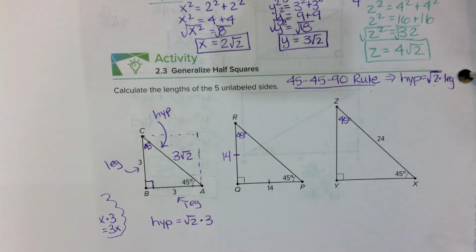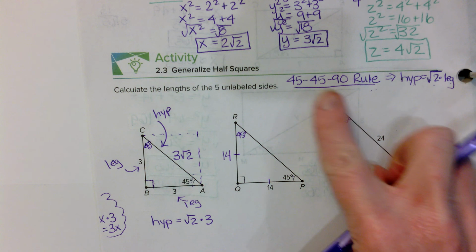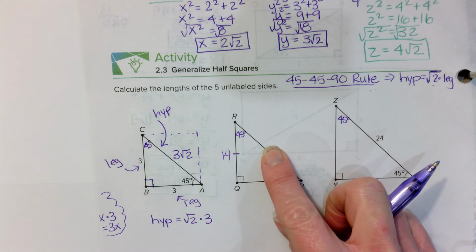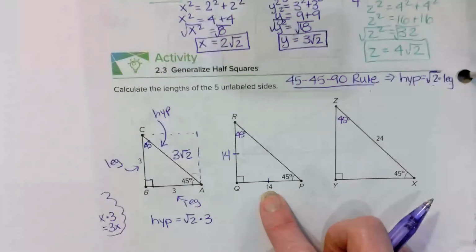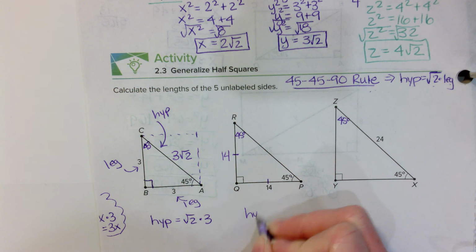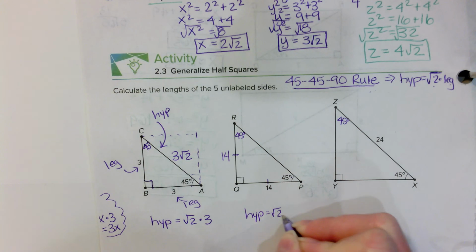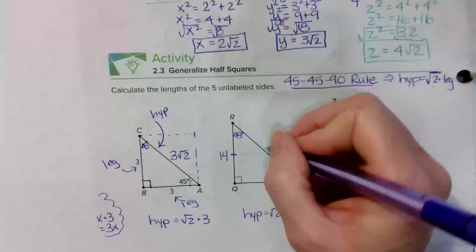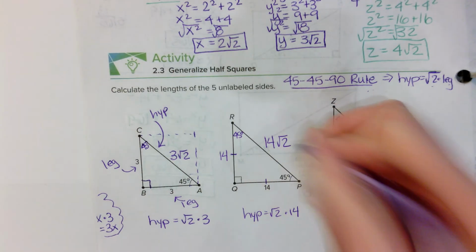Let me write in that 14. And I also know, because of my 45, 45, 90 rule, that my hypotenuse is square root of 2 times my leg. So I know that my hypotenuse, which is RP, is equal to the square root of 2 times 14. I'm going to write my 14 in front times the square root of 2.